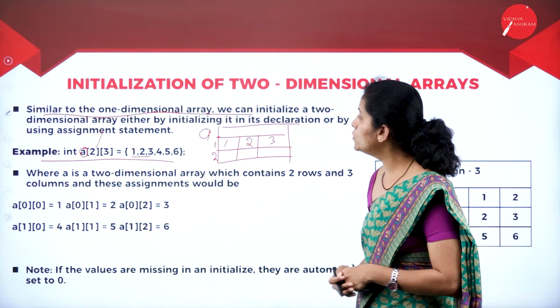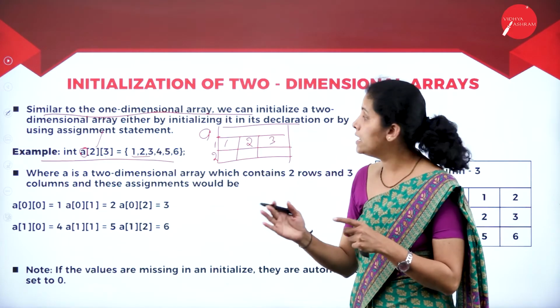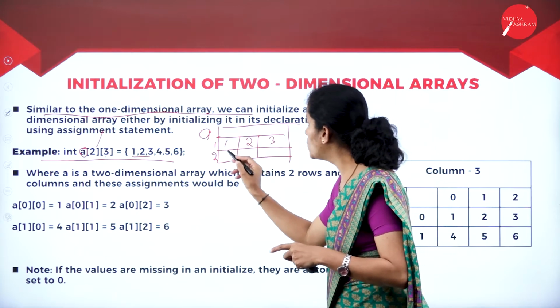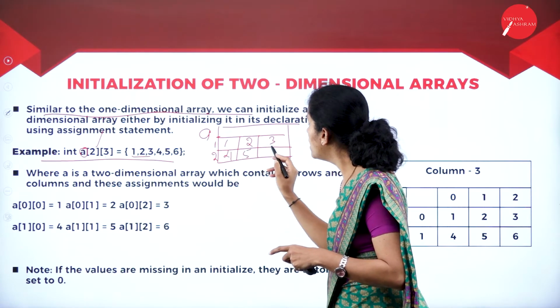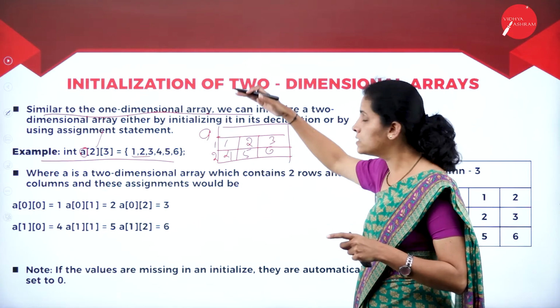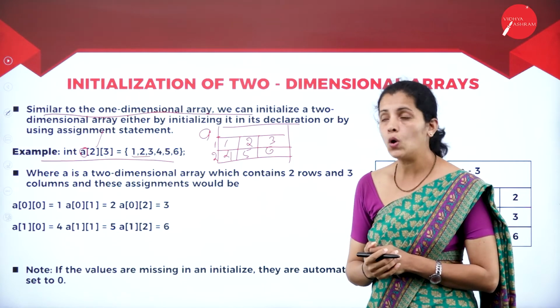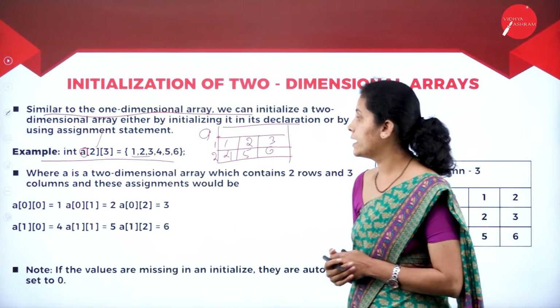Now I'm going to write the remaining 3 elements in my second row. That is 4, 5 and 6. Now I'm having 2 rows and 3 columns, and this kind of representation is called a two-dimensional array.